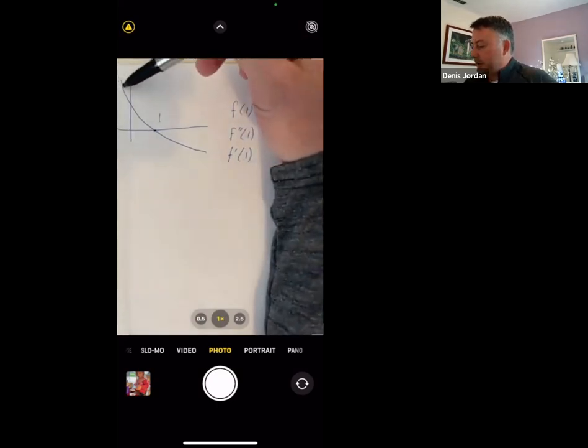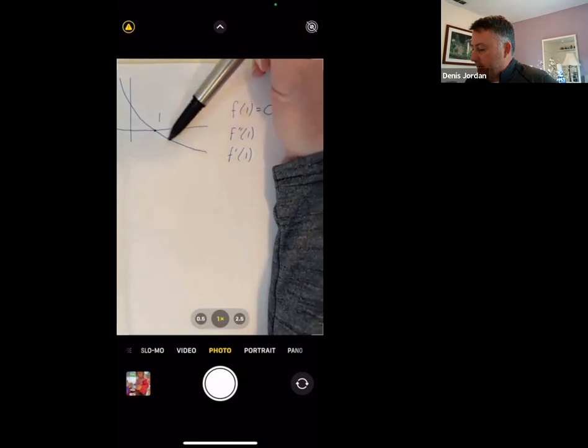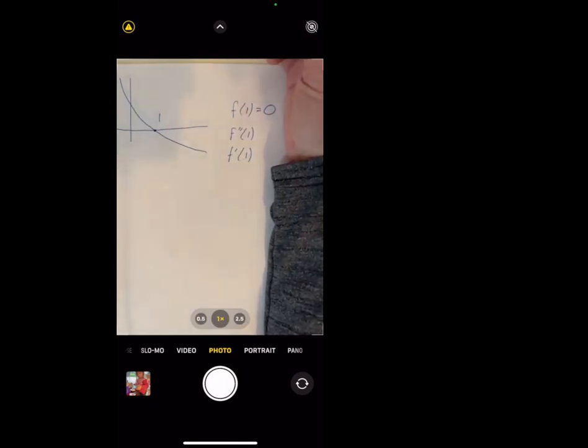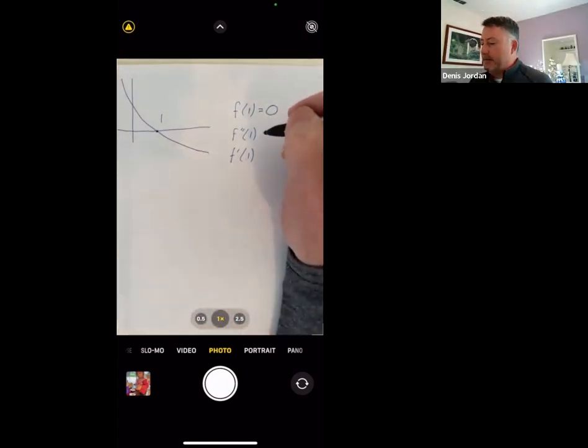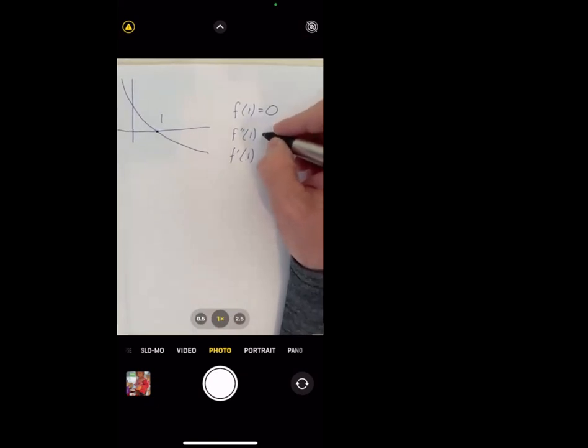So this curve right here, is this concave up or concave down? Concave up. So if it's concave up, is the second derivative positive or negative? Positive.